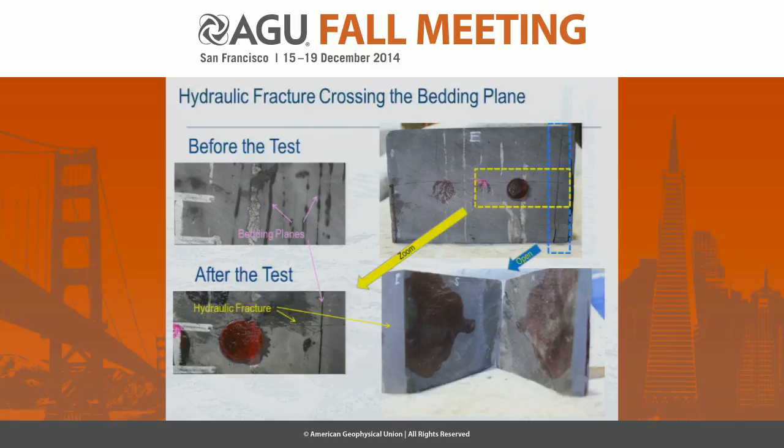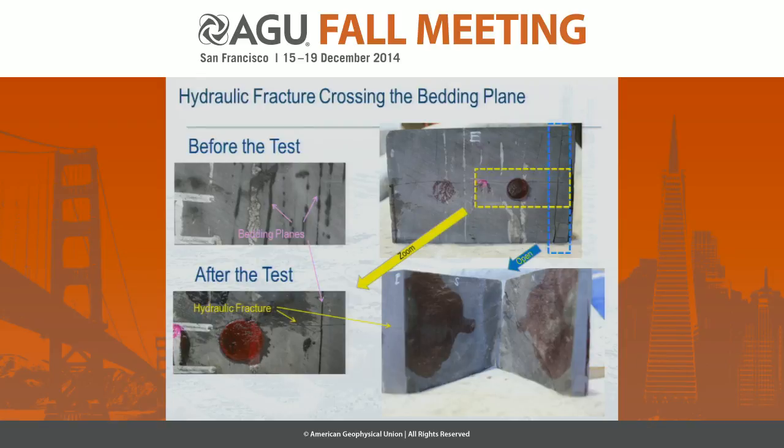After the test, we opened this bedding plane, as demonstrated in the lower right photo of the slide, and we found that epoxy spread along the bedding plane, orthogonally to the direction of propagation of the hydraulic fracture. I would like to repeat once more that this was epoxy, and the epoxy was cured under the stress.